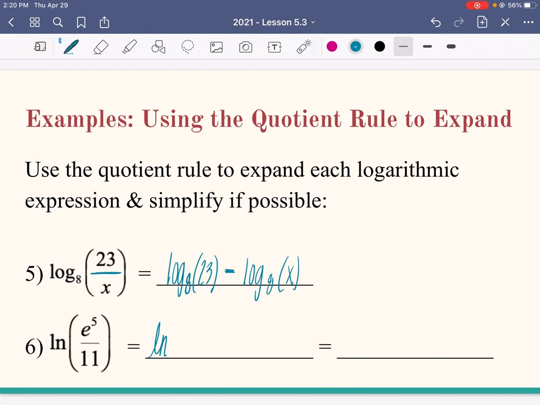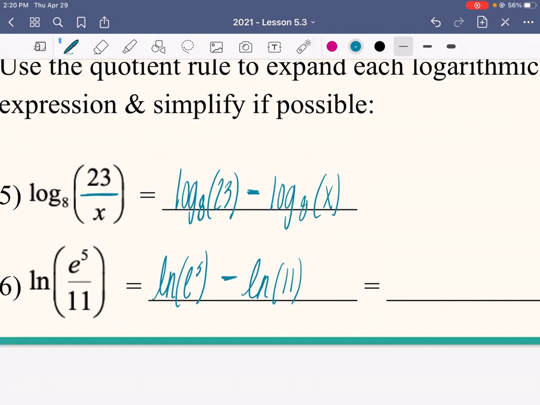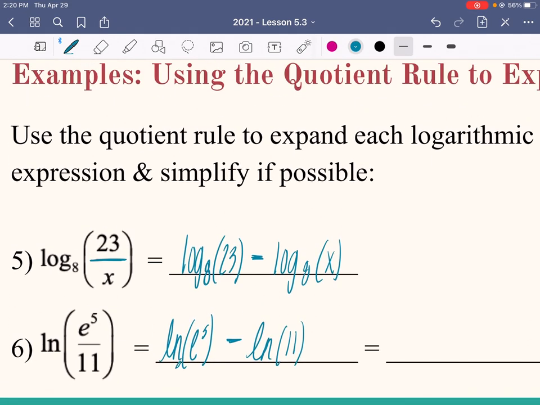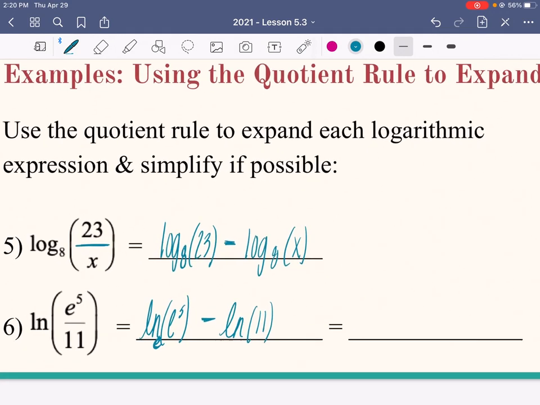Okay, now we have natural log, so natural log of e to the power of 5 is what this would become, minus natural log of 11. And natural log, remember, this is base e, and this is one of our special cases or special properties we talked about last class.